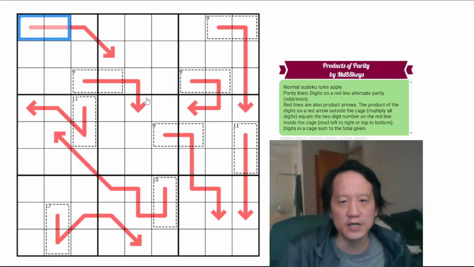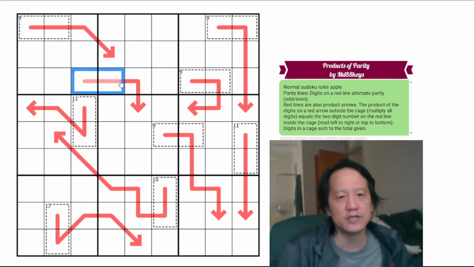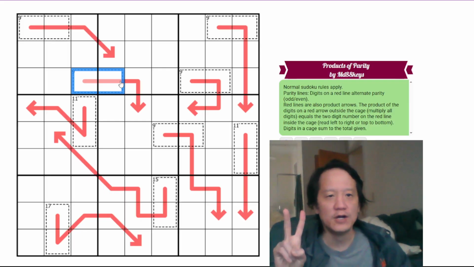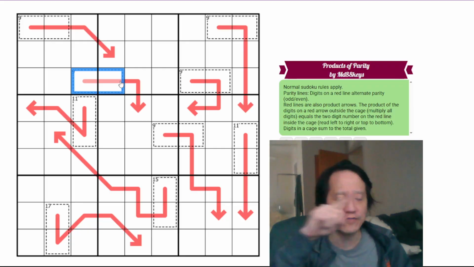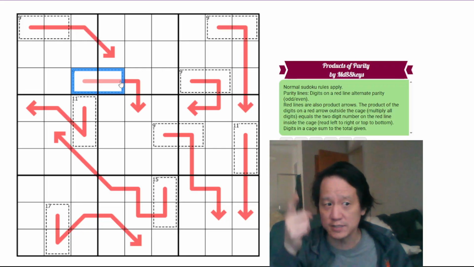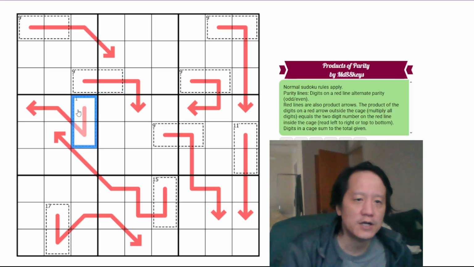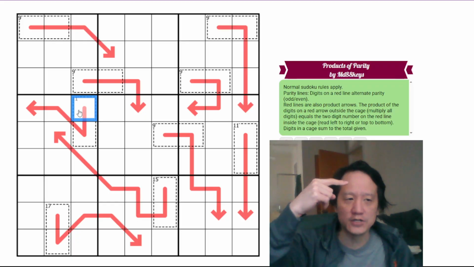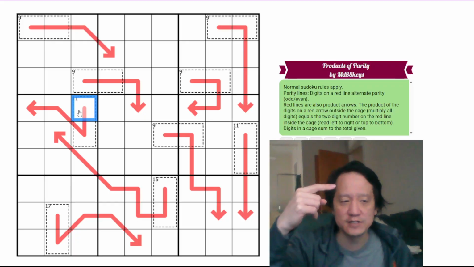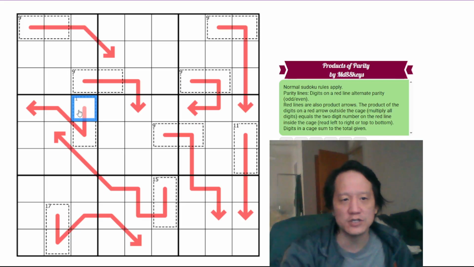So each red parity line has a cage that it's involved with, and the digits inside the cage form a 2-digit number. If it's going left to right, the leftmost is the tens digit and the rightmost is the ones digit. If it's going top to bottom, the top digit in the cage is the tens digit, and the bottom digit is the ones digit.